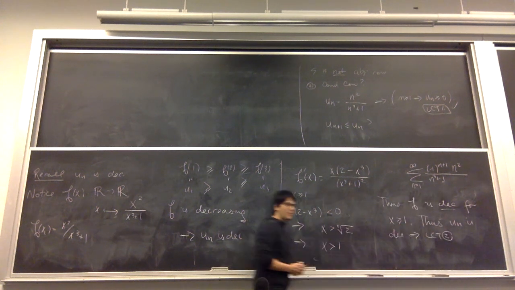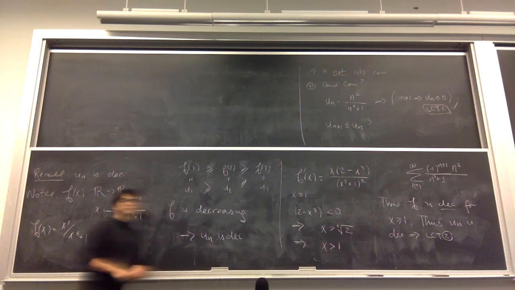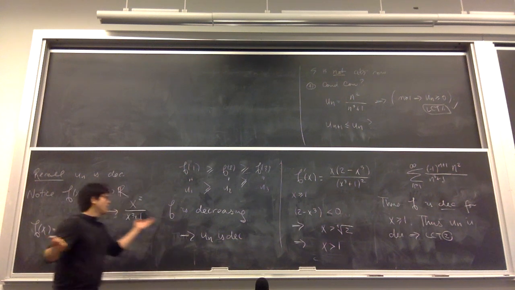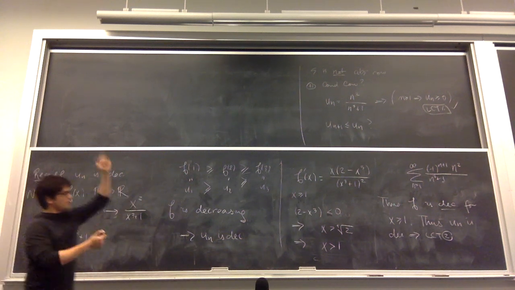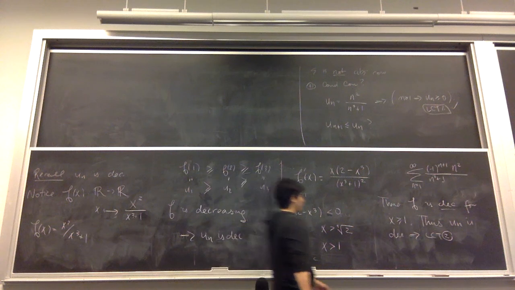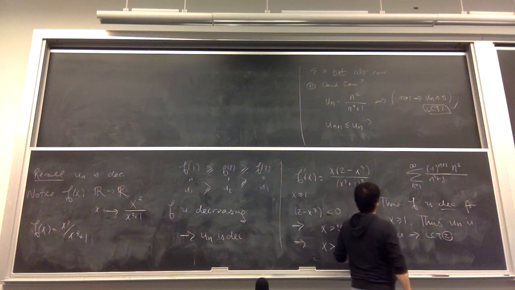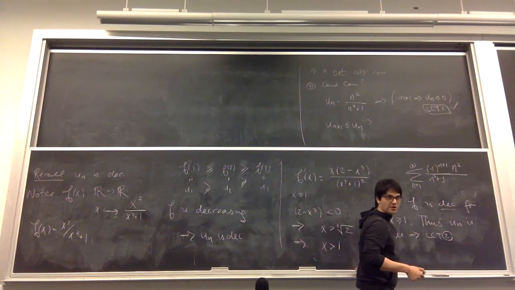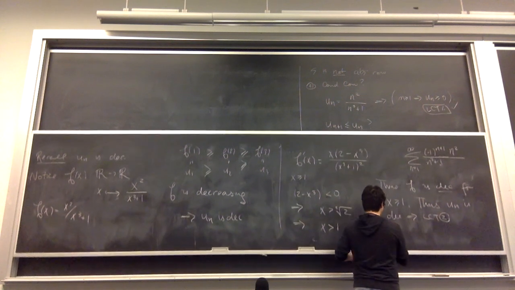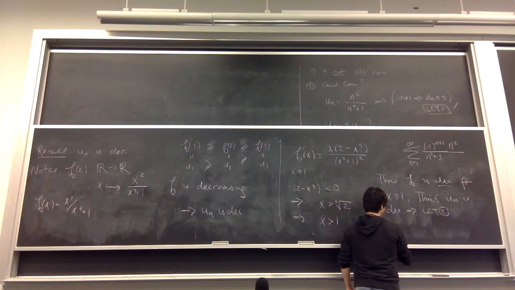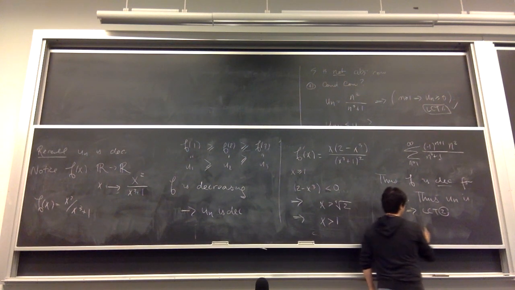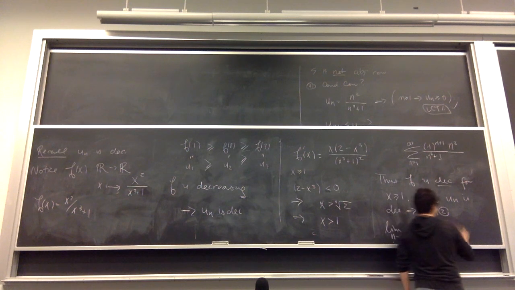And what's the final thing that we have to check? What's the limit of our u_n as we go to infinity? We already said it was equal to 0. That's a check we already made. So we already have that the limit as n goes to infinity of u_n equals 0. That's part 3.